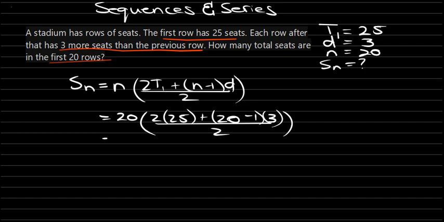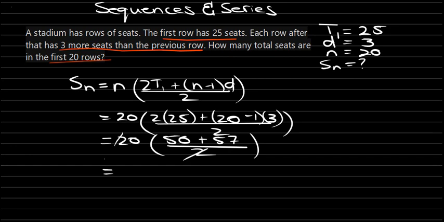Okay, so some simple arithmetic, that's 50. If we multiply 2 by 20 plus 19 times 3, that is 57. All of this over 2. What I'm going to do now is simplify it to something like this. 20 divided by 2 is 10. So I'm going to multiply 10 by 50 plus 57, which is 107.